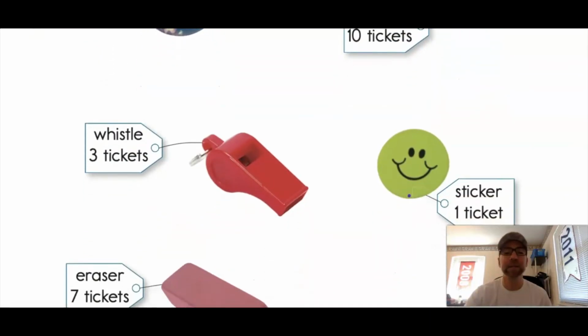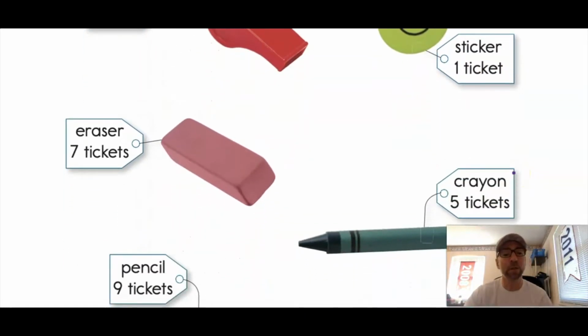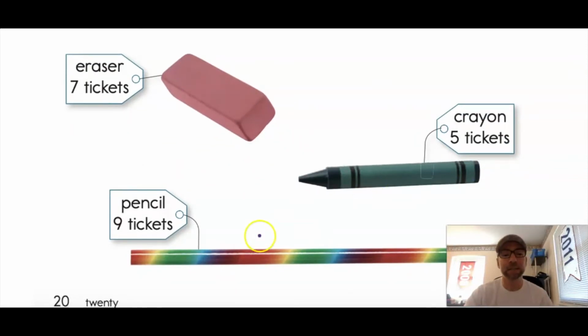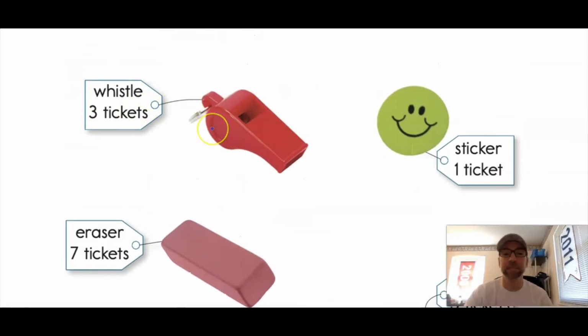How about the smiley face, the sticker? How many tickets is the sticker worth? It's worth 1 ticket. And you can see that there's also other prizes. There's a pencil, and a crayon, and an eraser, and a whistle. And every prize is worth a different amount of tickets at the carnival.